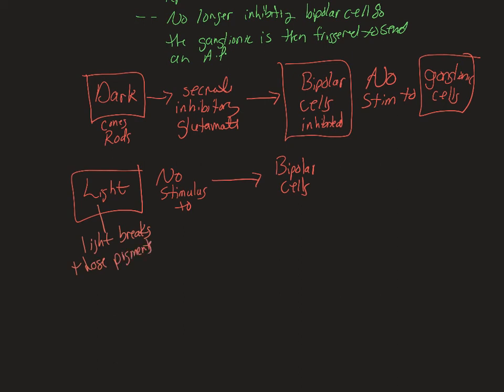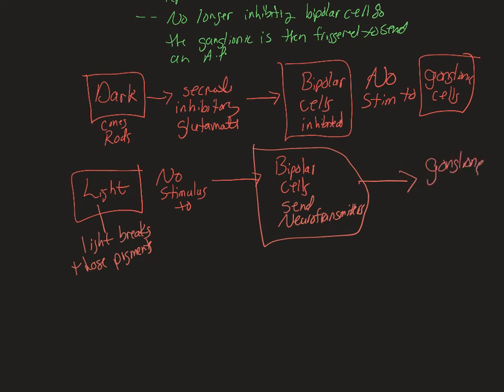So the bipolar cells send their neurotransmitters out to the ganglionic cell. And then the ganglionic cell is going to talk to optic nerve axons and send a signal to the brain, okay? Because the ganglionic cell depolarized. All right, I hope that makes sense, okay?